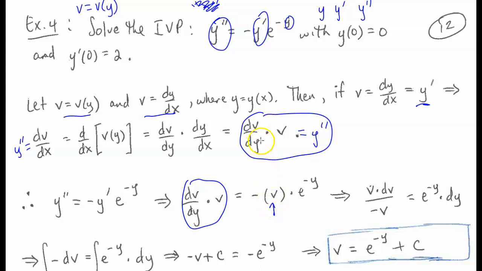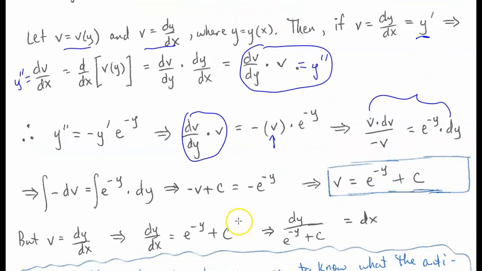Okay. And then of course from that, notice that at this point, I'm recognizing that this can be a separable equation. So I rearrange everything here to get everything with y on one side, everything with v on the other. From there, of course, I just integrate both sides with respect to v on the left, with respect to y on the right.